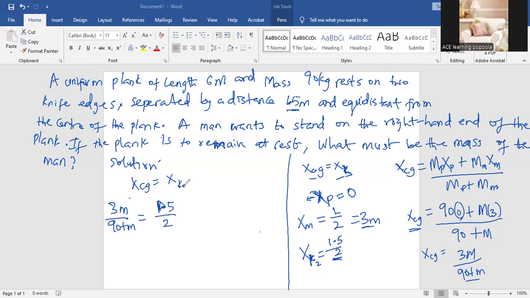Okay, so if we cross multiply, this will now be 6m equals 90 times (90 plus m) times 1.5.